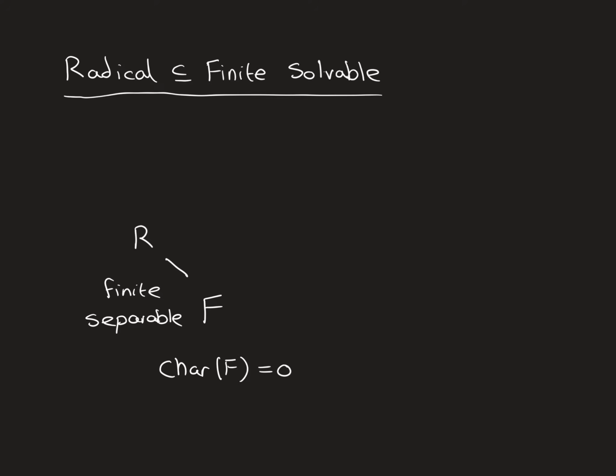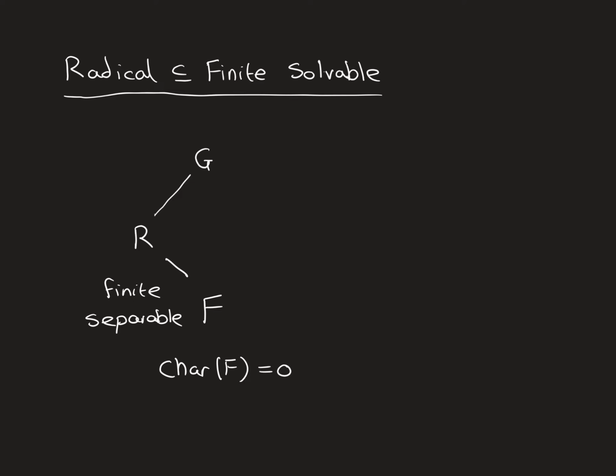If you have a finite separable extension, there are two incredible things that hold true. One is that it has a Galois closure, and two is that the primitive element theorem holds. Let's start with the Galois closure. A Galois closure means that it sits inside a larger extension that is a Galois extension, in this case a finite Galois extension, which is the smallest Galois extension that contains your starting extension.